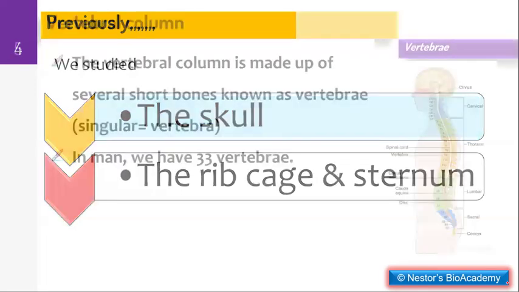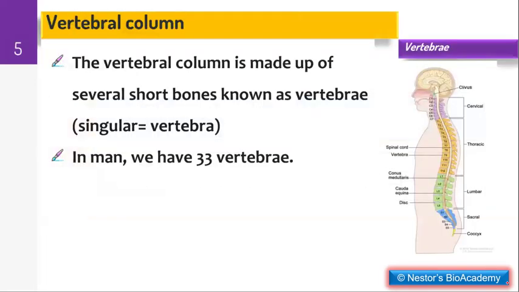If you can recall previously when you were in primary school, getting introduced to science, you learned that animals could be broadly categorized into two main groups. You have the animals with the backbones, which we refer to as the vertebrates, and then you also have the animals without the backbone, which we refer to as the invertebrates.